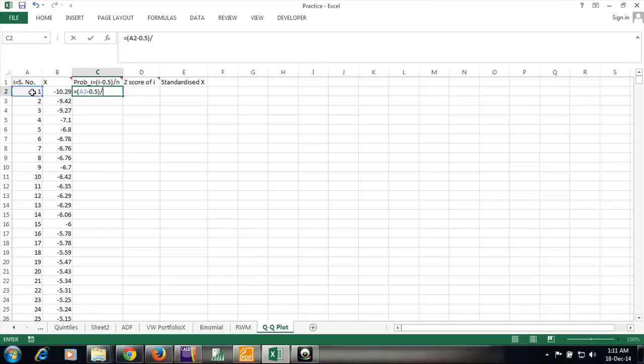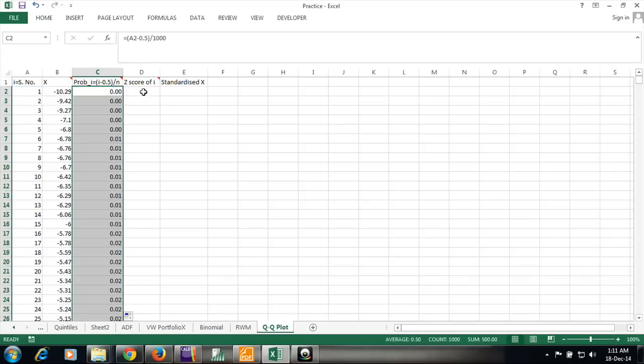So here we have 1000 observations. Enter. I need to simply double drag it. That's all. So it is showing us the quantiles we are having. These are the quantiles.